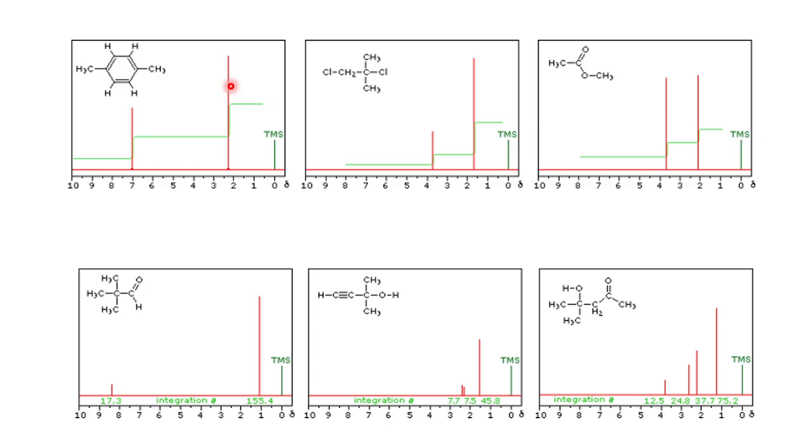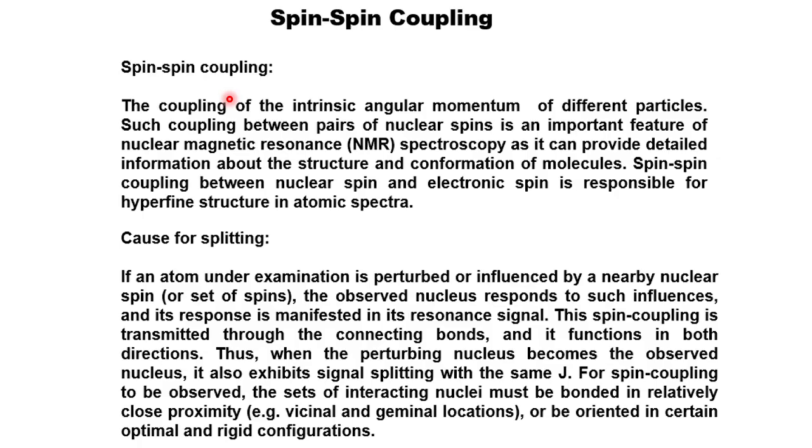Sometimes you will see a single peak split into two at the same position, not as a single line but as two lines. That is called a doublet. It may also split into three, which is called a triplet. That happens because of spin-spin coupling. So what is that?